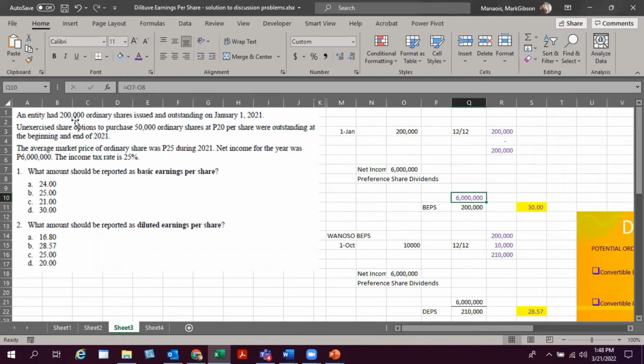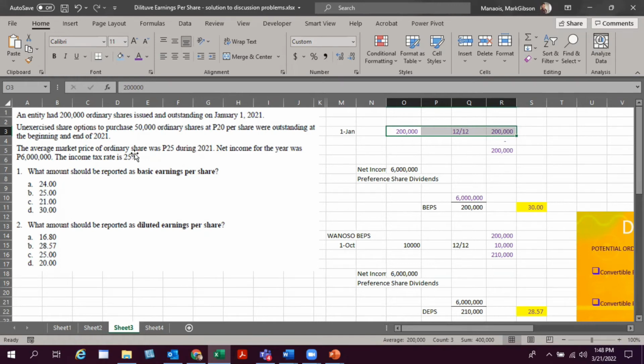We also have 200,000 ordinary shares. Notice, class, the share options were outstanding from the beginning to the end of 2021. Meaning, there was no conversion, no purchase of ordinary shares, no exercise of the call option.